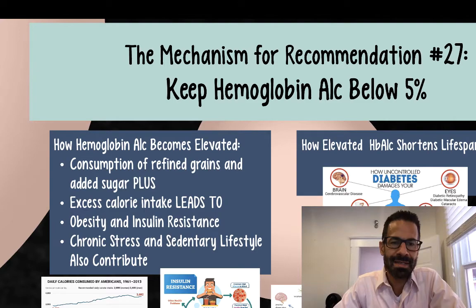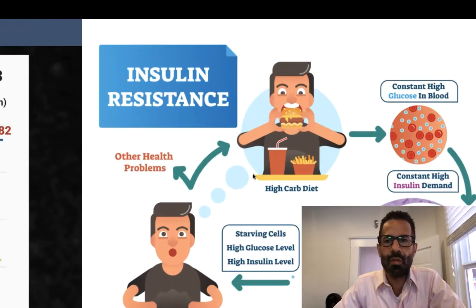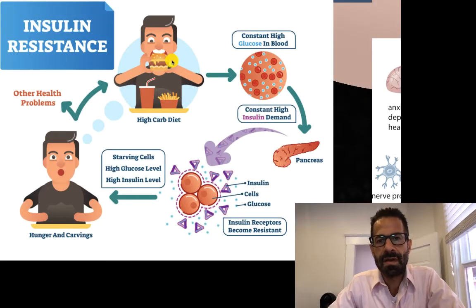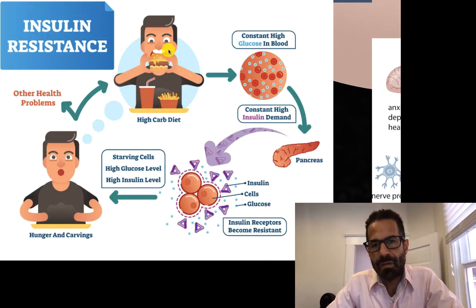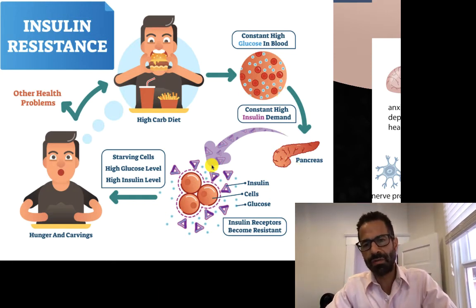Insulin resistance is a little more complicated, and it's well illustrated on this graph. When we have foods that are low in fiber and have added sugar, in other words, refined grains and foods with added sugar, we raise the blood sugar in our bloodstream. What that does is it causes our pancreas to produce insulin.